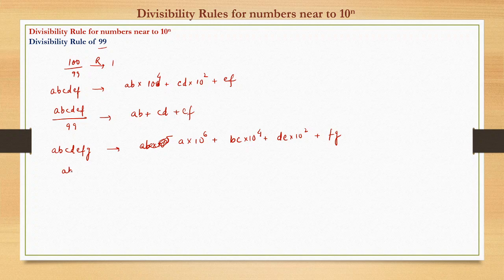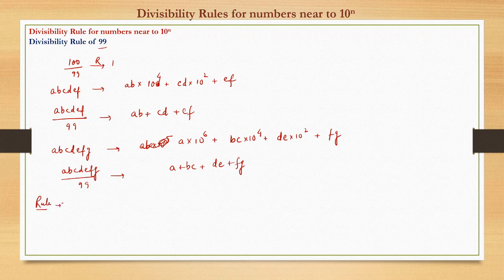So abcdefg upon 99 would give a remainder of a plus bc plus de plus fg. So what we are doing basically, the test is you make a pair from right hand side.